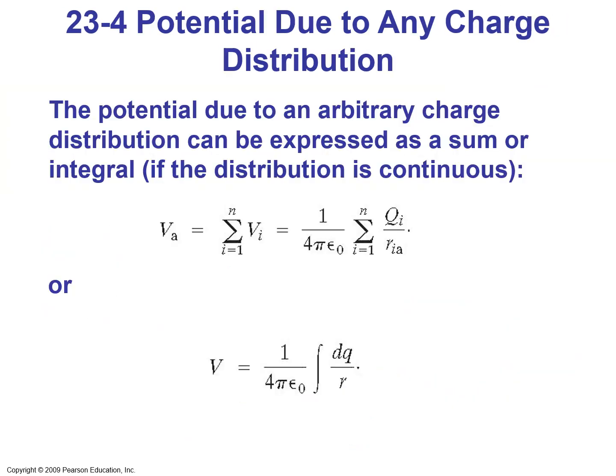Section 4. Potential due to any charge distribution. The potential due to an arbitrary charge distribution can be expressed as a sum, or an integral if the distribution is continuous.